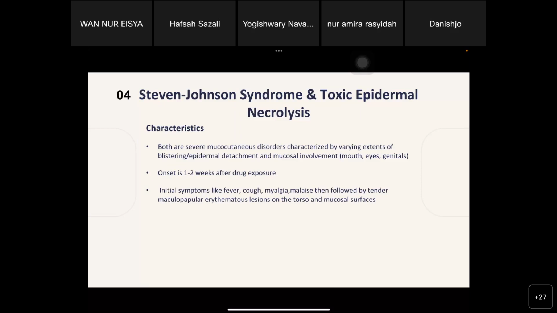Antibiotics such as the aminopenicillins mentioned just now and cephalosporins can also trigger this kind of cutaneous drug reaction.